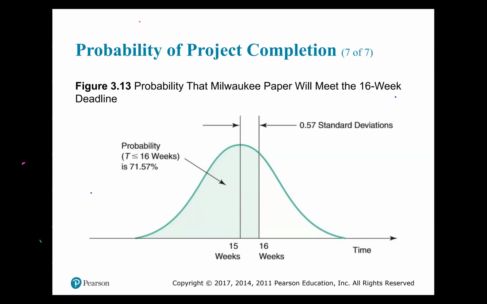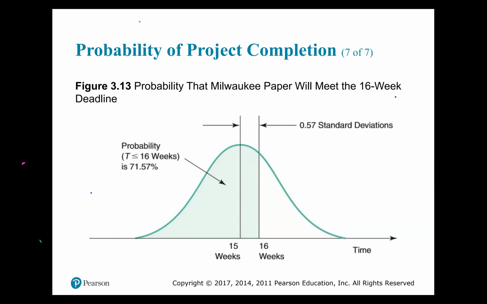If the expected time for completing the project is week 15, then week 16 would be an additional week to the right of week 15. So what we want to know is the probability that we can complete the project in less than or equal to week 16, right?